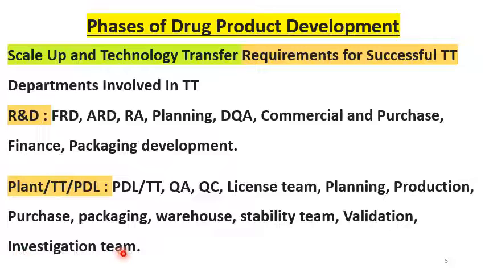And the investigation team will investigate if any OOS or OOT is there, or any specific test is missing, or if any product is showing deviation from the test parameters. So these are the various teams involved in technology transfer and scale up.